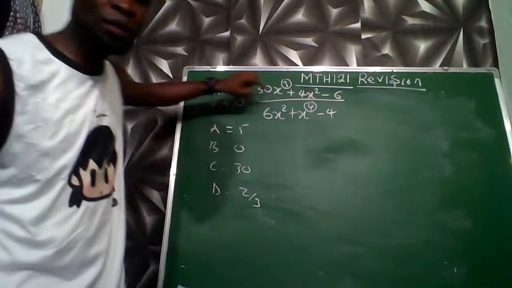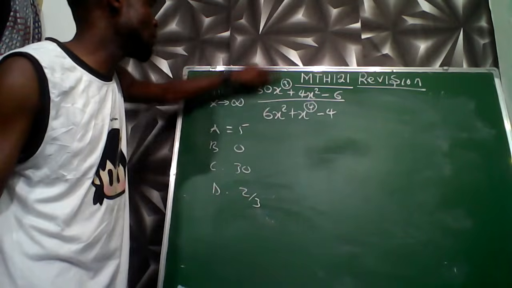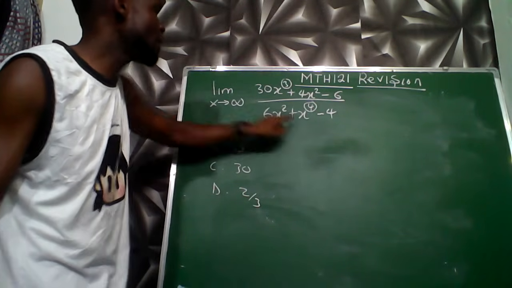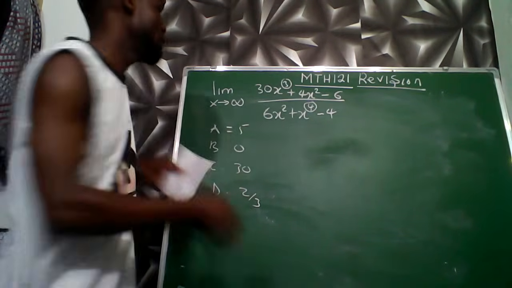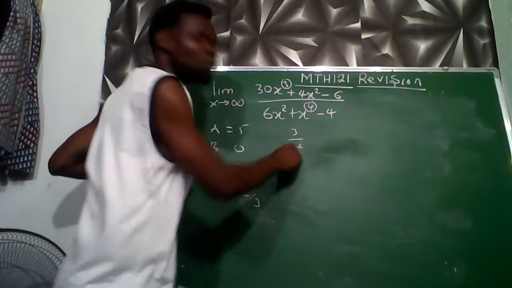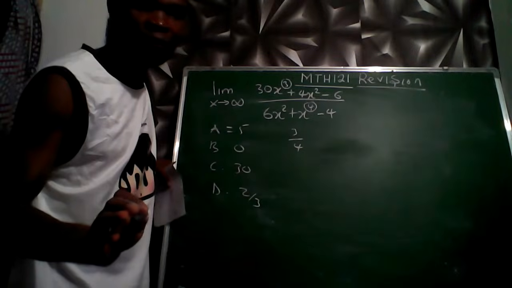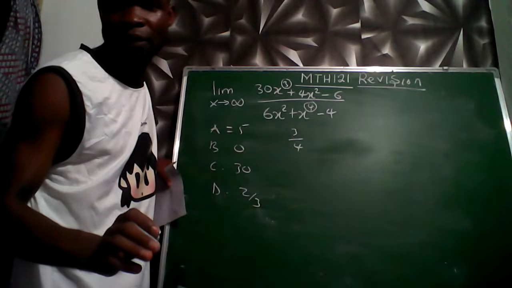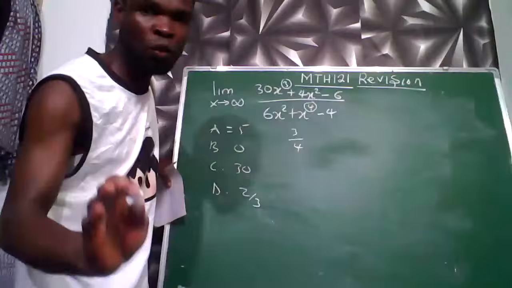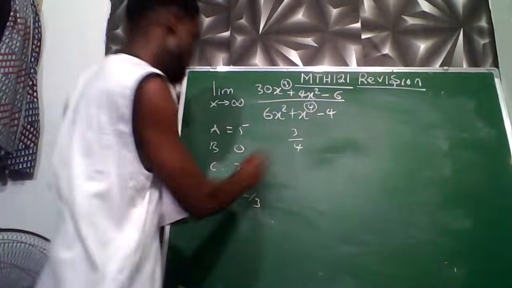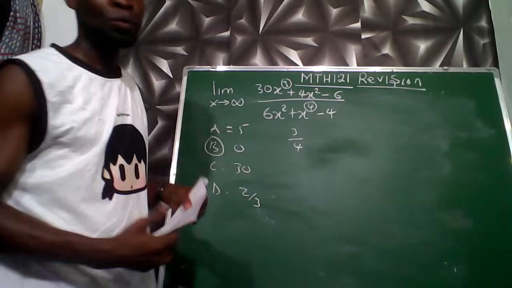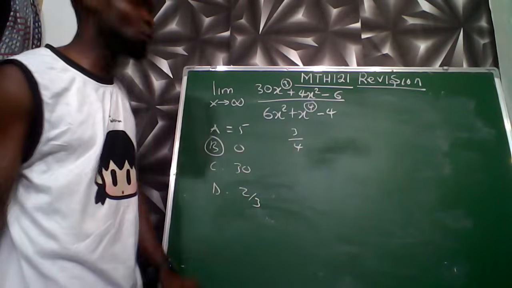So please note this. Because the highest degree at the numerator is 3 and that at the denominator is 4, that is 3/4, which is a proper fraction. You don't need to solve anything. The answer is simply 0. So that's just the option you pick and you go your way.